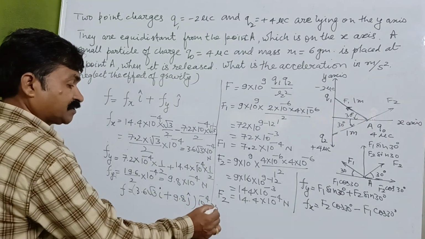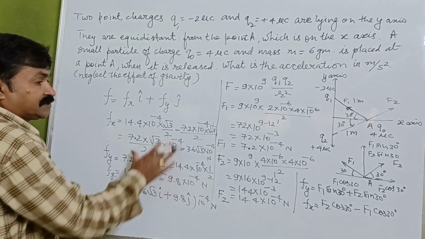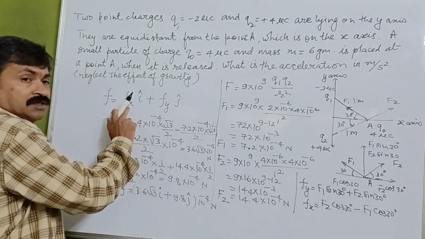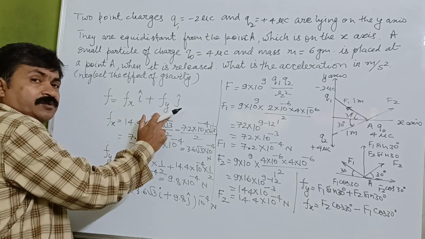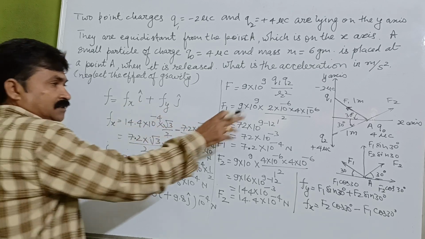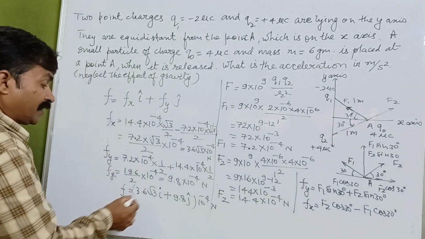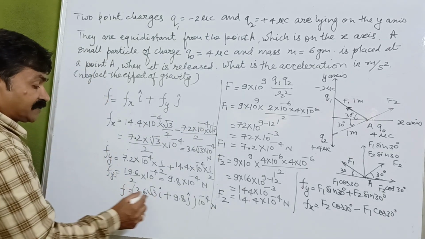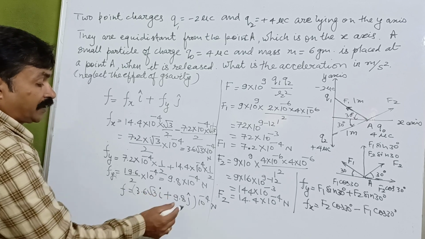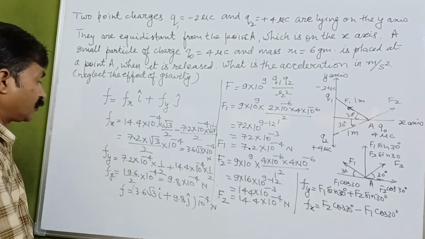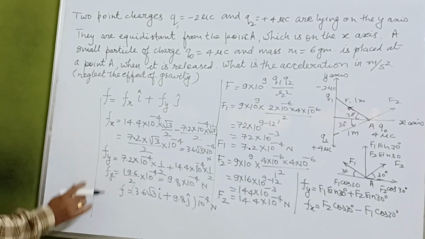This is the resultant force, which means it is a combination of these two, the x axis component and the y axis component of the forces. So finally, F is equal to 3.6 root 3 i plus 9.8 j into 10 raised to the power minus 4.